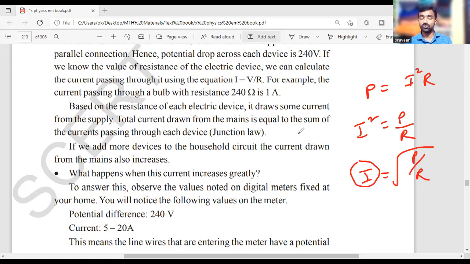Individually you can calculate the currents I1, I2, I3, I4 through different appliances.